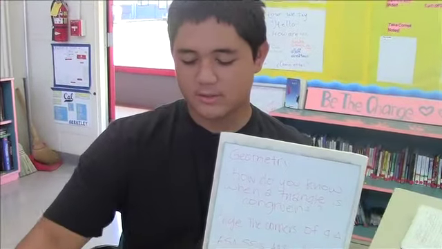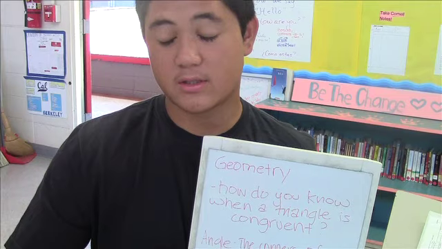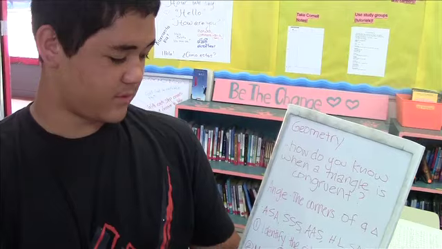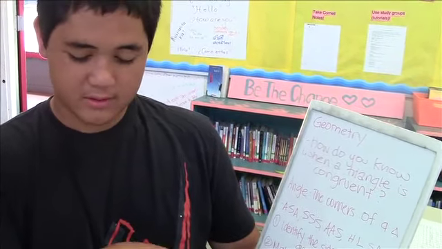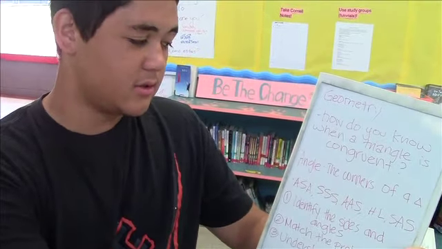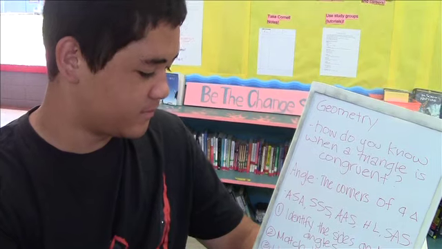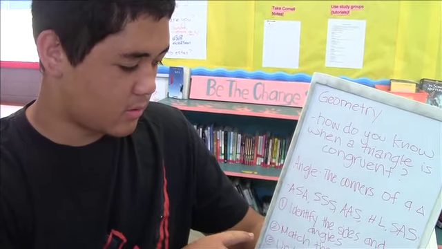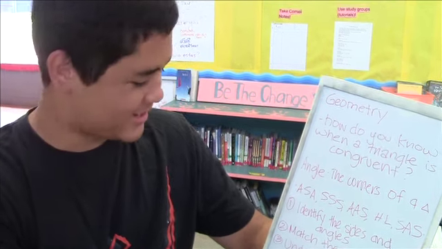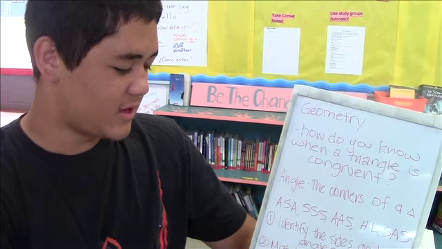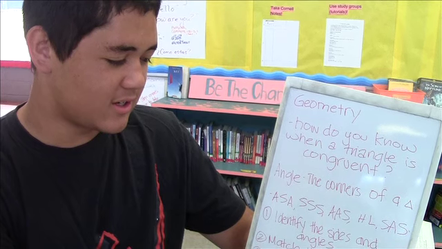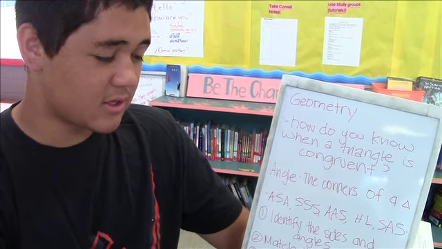My original question was, how do you know when a triangle is congruent? The definition, key vocabulary word, the definition is an angle, the corners of a triangle. What I know about my question is angle, side, angle, side, hypotenuse, leg, side, angle, side.